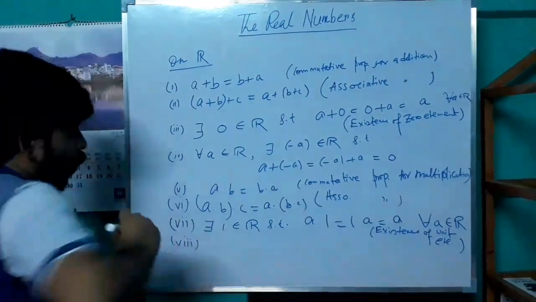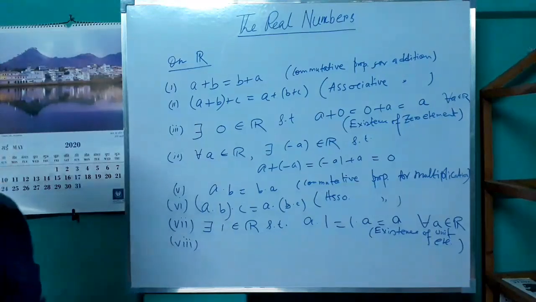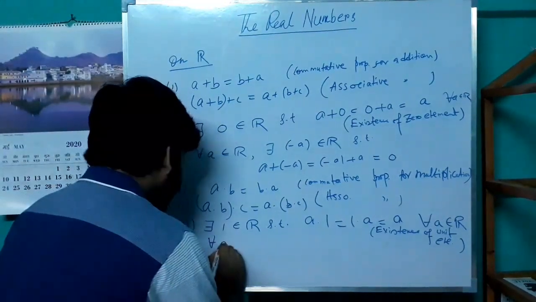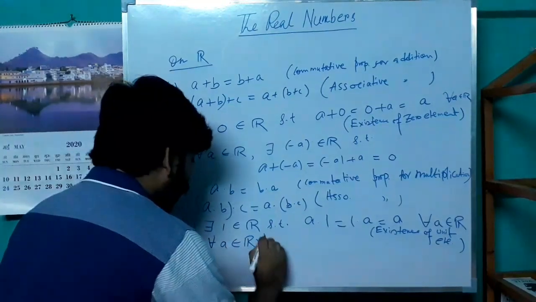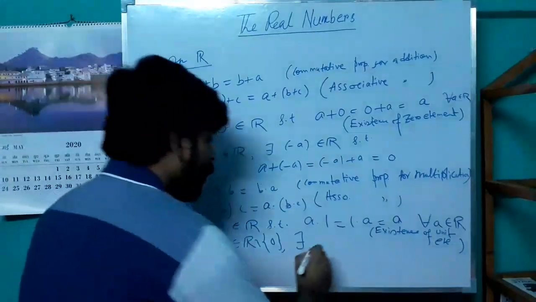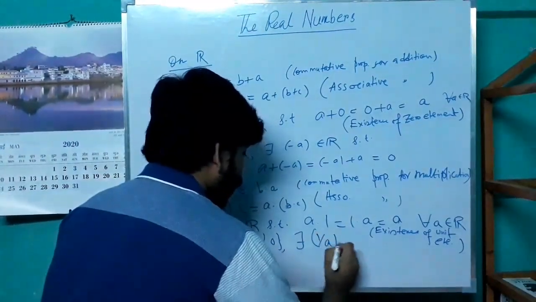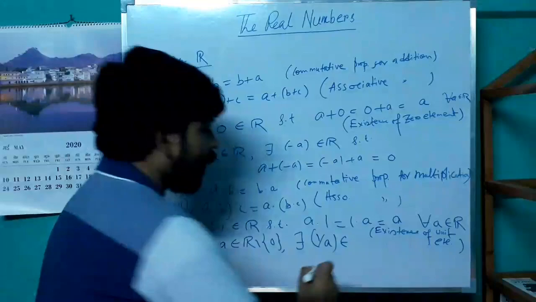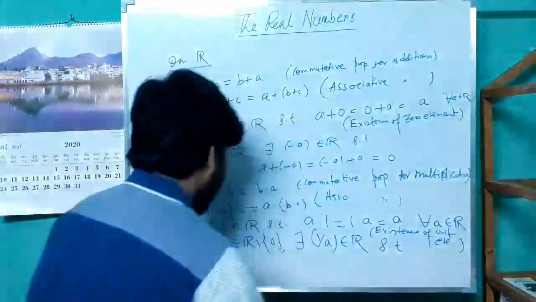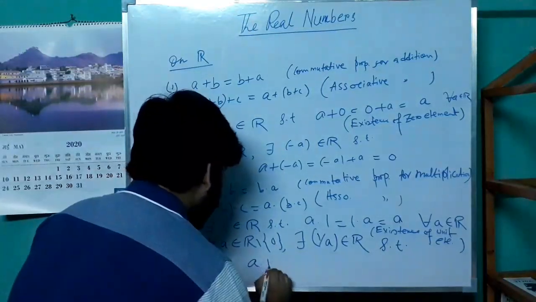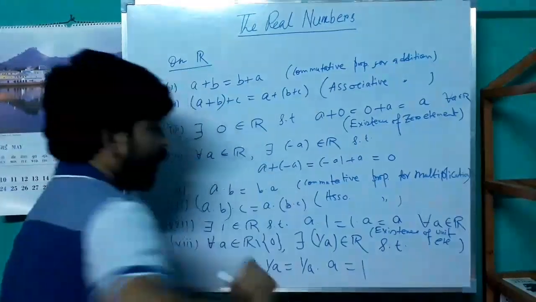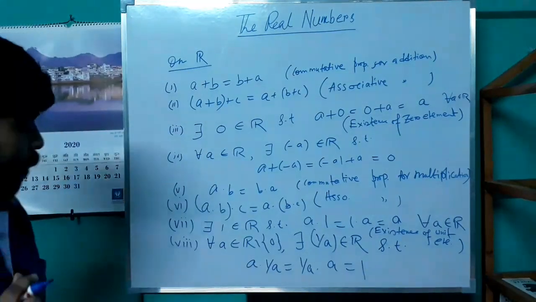The eighth property is existence of reciprocal elements, that is, for every non-zero element a in R there exists an element, denoted by 1 by a, in R such that a dot 1 by a equals 1 by a dot a equals 1.